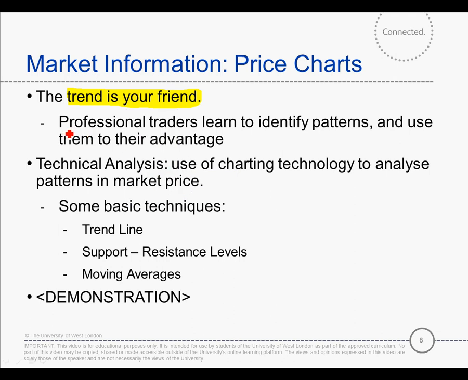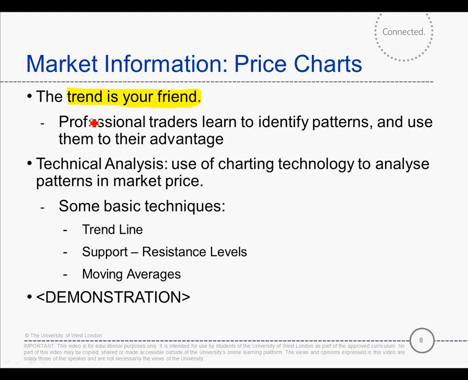Professional traders learn to identify patterns, and they use these patterns for their advantage. Which brings you to the question of what do amateur traders do? Amateur traders are not so concerned with patterns. They're just concerned with making money, right? So they will think they've seen a pattern, but they haven't.